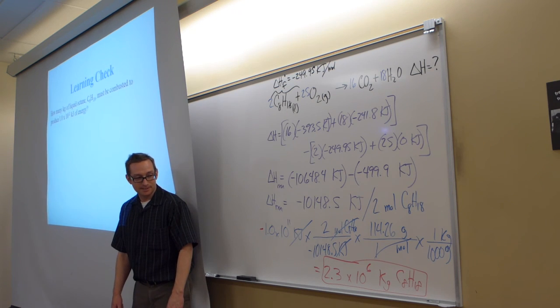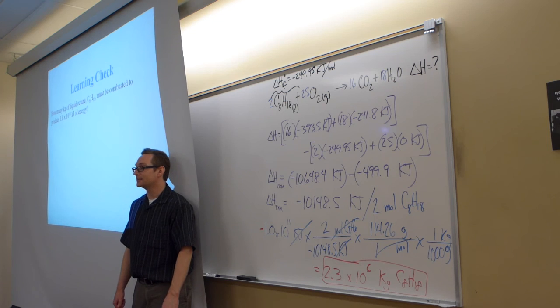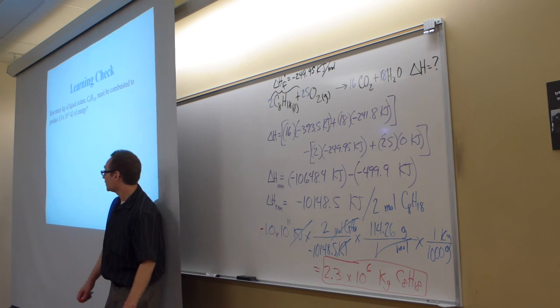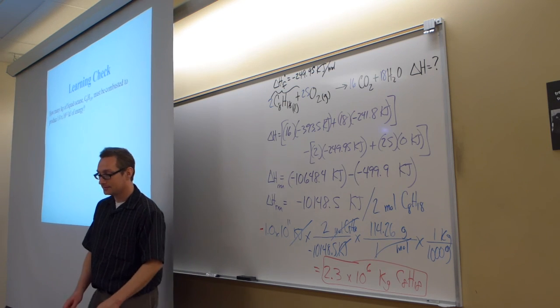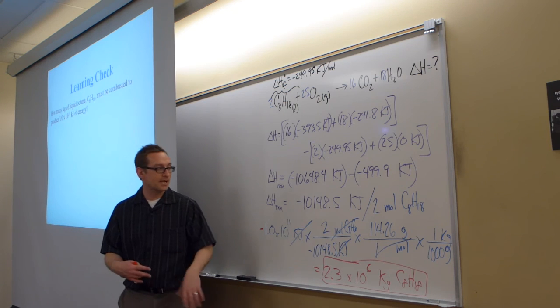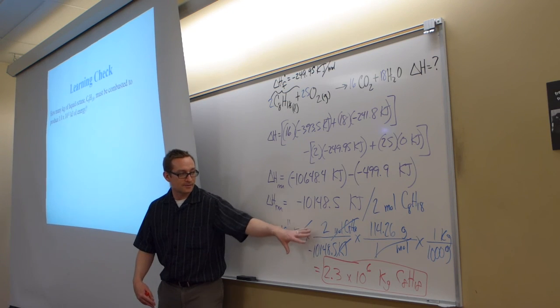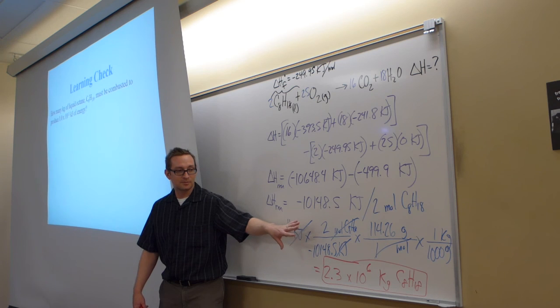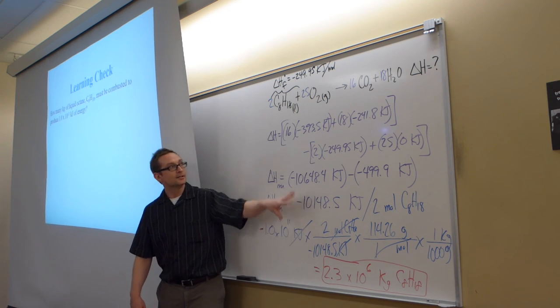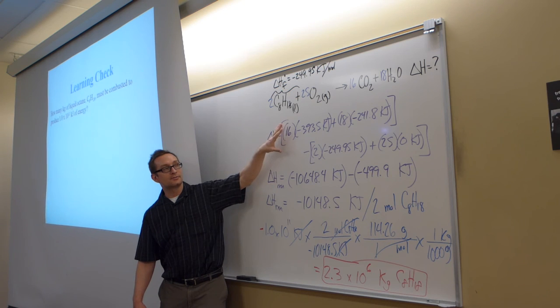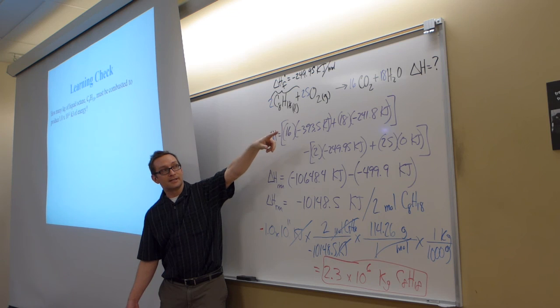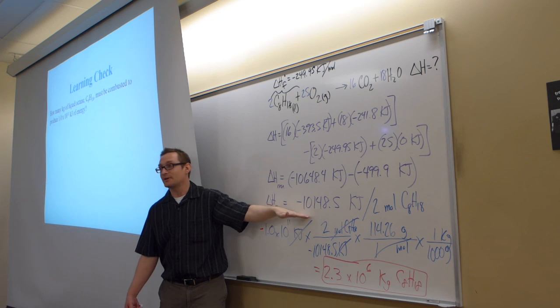So that's quite a bit of fuel, right? 2.3 times 10 to the 6 kilograms. It's a lot of weight of octane fuel, but this is a lot of energy too. So from Chem 107, this bottom part that I have here in blue is probably something you saw in Chem 107. Now we're tacking on this kind of calculation onto it, where you have to figure out from heats of formation what delta H was, and then you can use it in this problem.